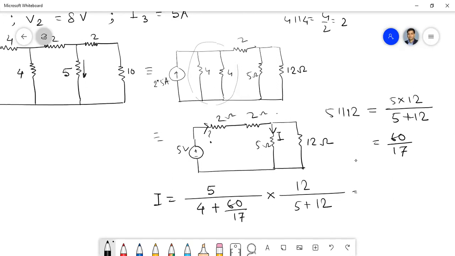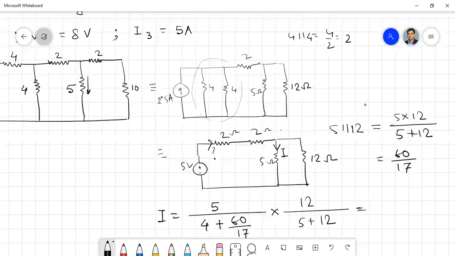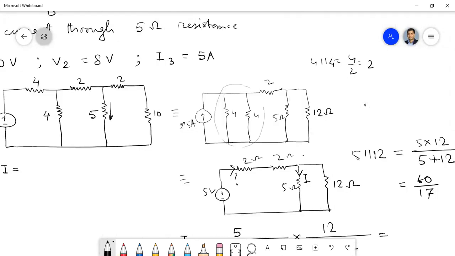Sir, could you explain to me how you converted the source from 2.5 ampere to 5 volt again? Okay. So here you have 2.5 ampere and this is 2 ohm.